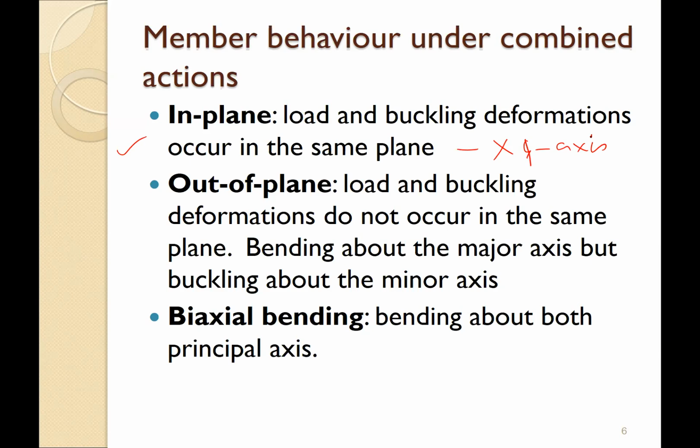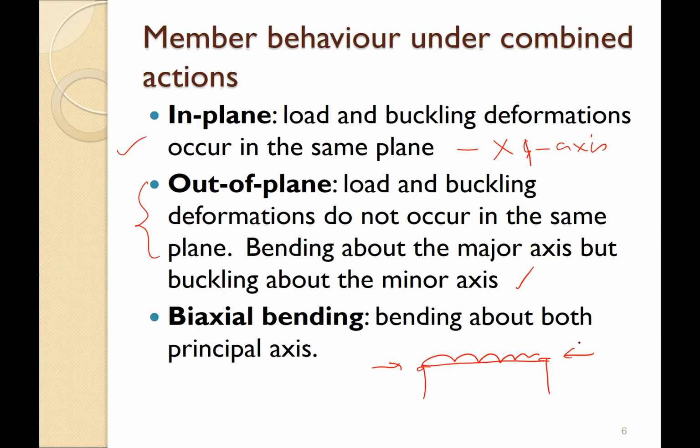Next we'll look at out-of-plane. Load and buckling deformation do not occur in the same plane. Bending about the major axis but buckling about the minor axis. And this is the reality. In reality, in most cases things will be like this. So imagine you have this beam bending like that, and suppose it is subjected to a compressive load.